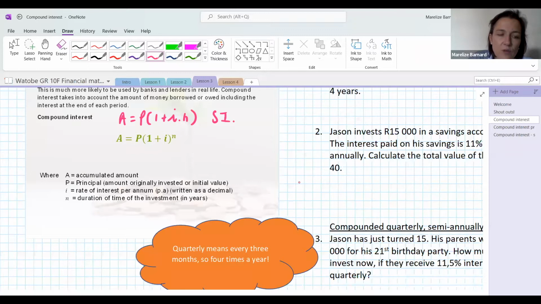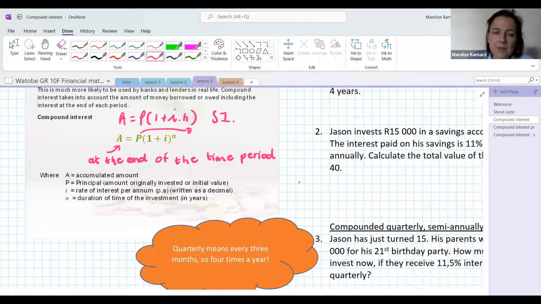Okay, so what do these variables mean? A stands for the accumulated amount. That just means what you have at the end of your investment or at the end of your loan period, whatever amount you have accumulated at the end of the time period that you're looking at. P is what you start off with. It's the same as with simple interest.